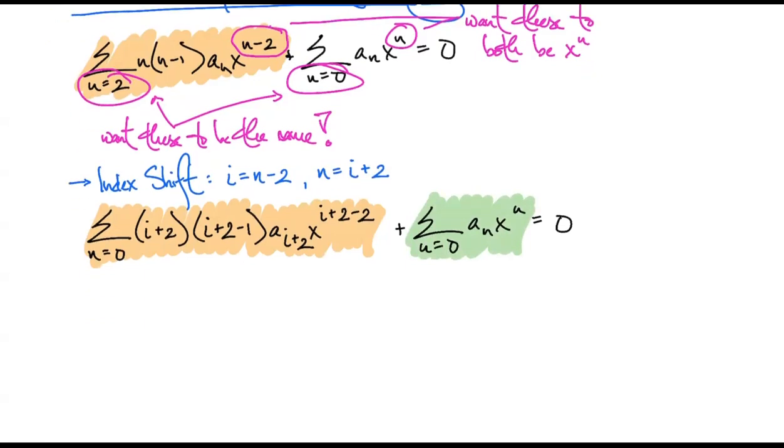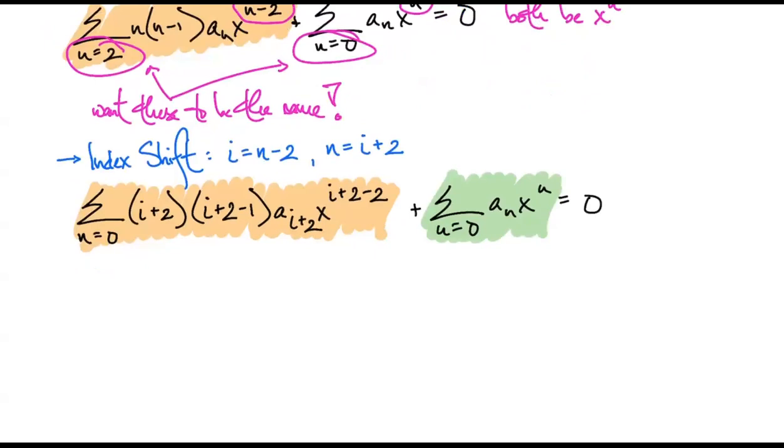Now, this orange line that we just wrote looks pretty terrible, but let's actually do the arithmetic and see what it comes out to be. Remember, we've shifted it, so now we can put that n back in. So n plus 2. The second brackets becomes n plus 1. This becomes a sub n plus 2.